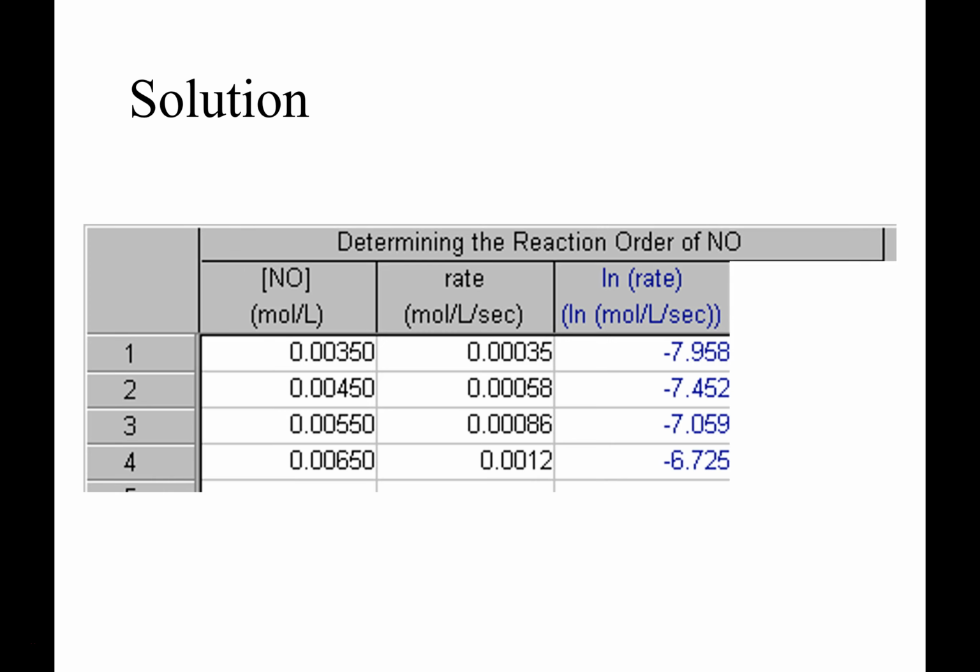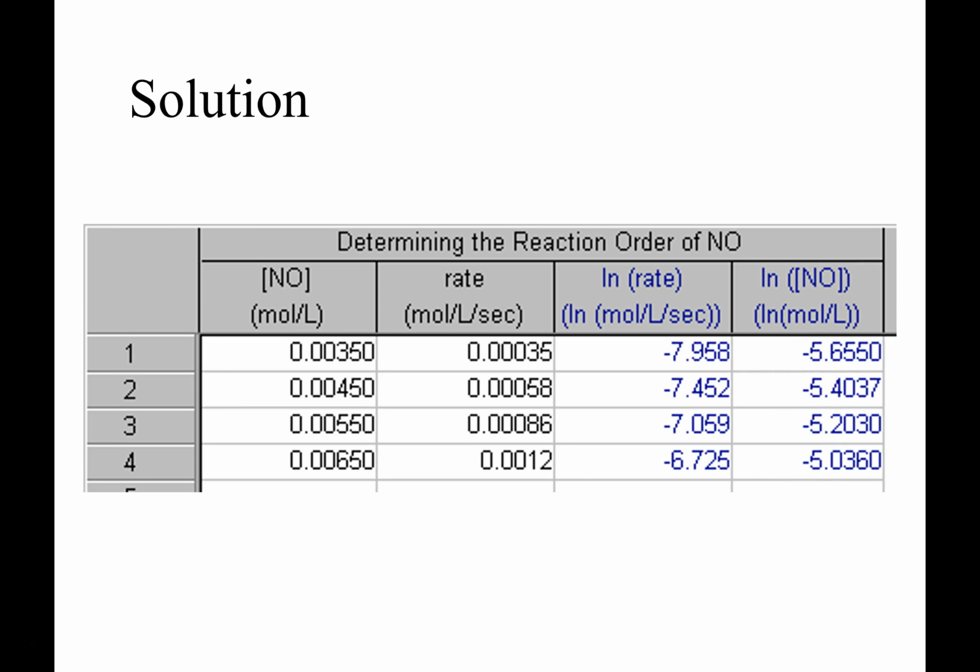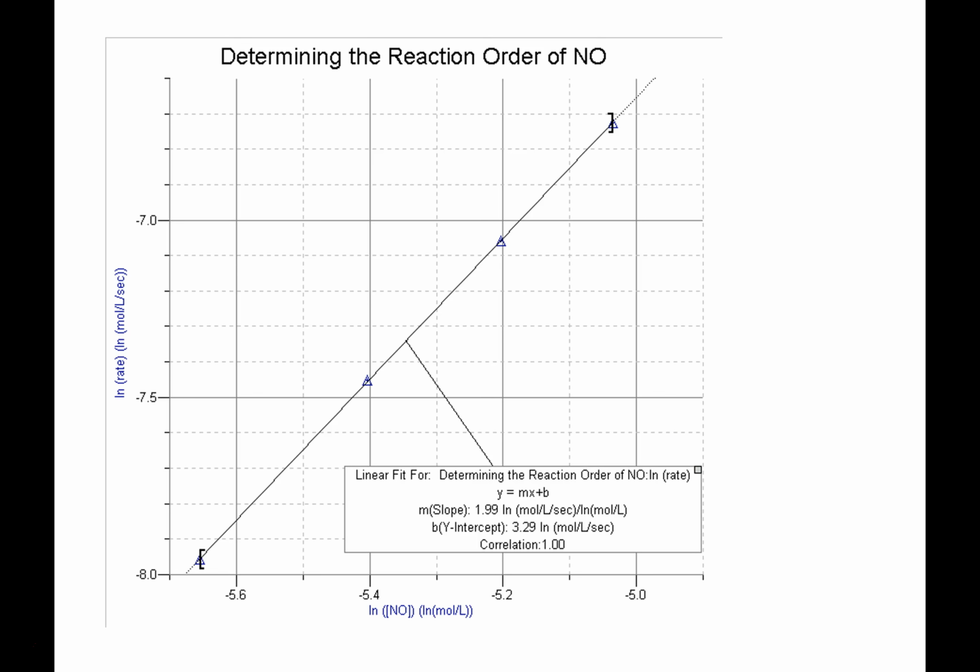We need to come up with a calculated column for this one, natural log of the molar concentration of NO. And then we're going to plot these. This first blue one will be on the y-axis. The second blue one will be on the x-axis. And it will look like this. And again, your slope is what we're looking for.